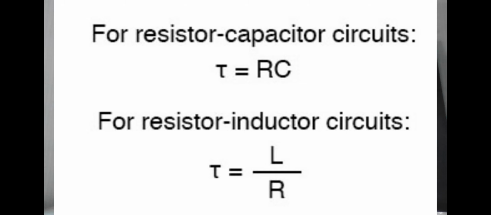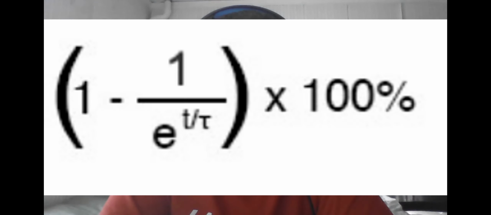that comes from the shape of the graph, which is called the universal time constant formula, and its percent change over time is 1 minus 1 over e to the power of t in seconds over the time constant for the circuit, times 100 because it is a percentage.